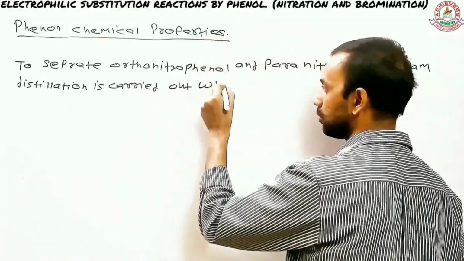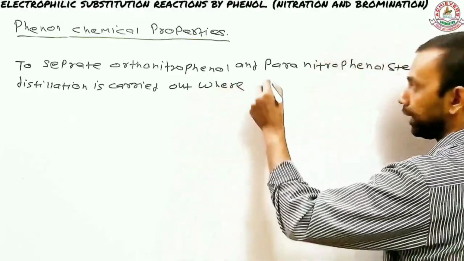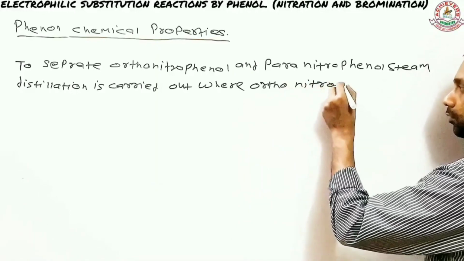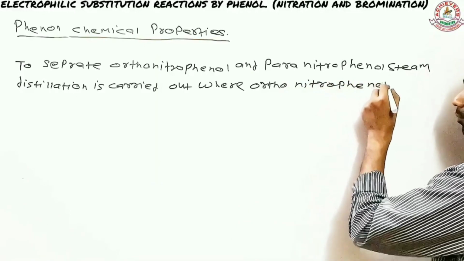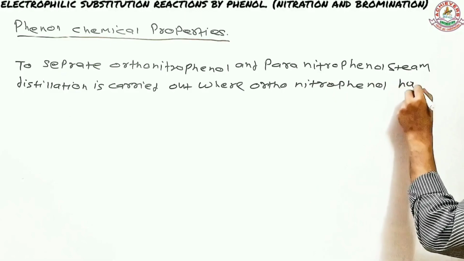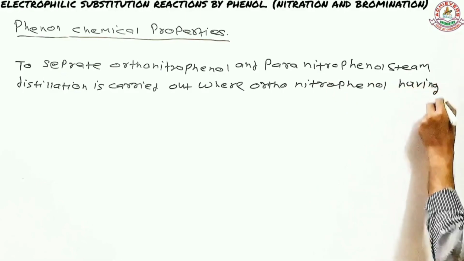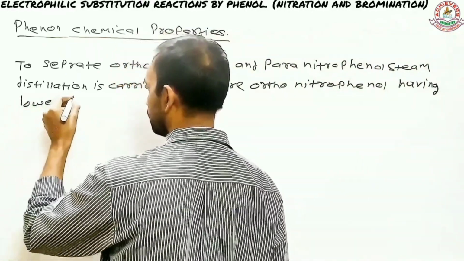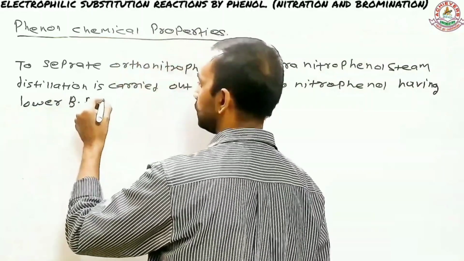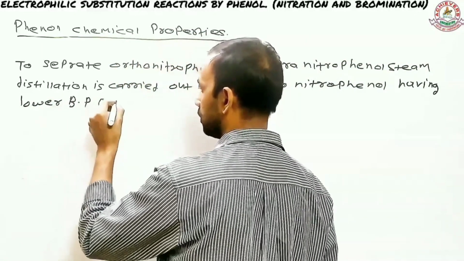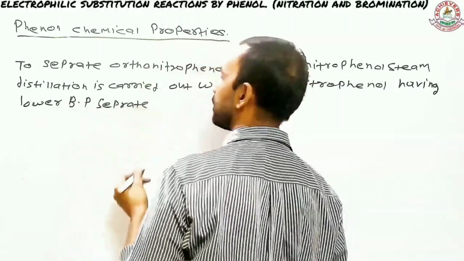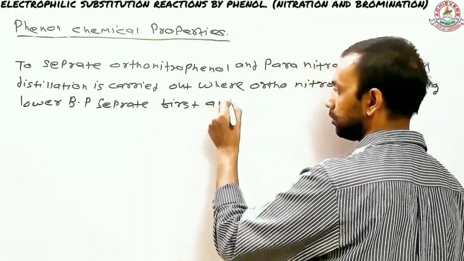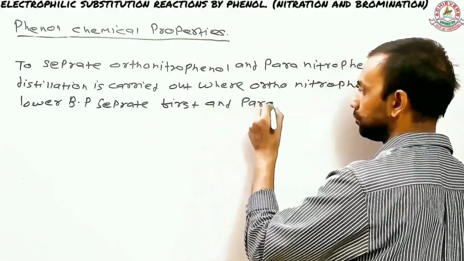Where orthonitrophenol, having a lower boiling point, separates first and then paranitrophenol.